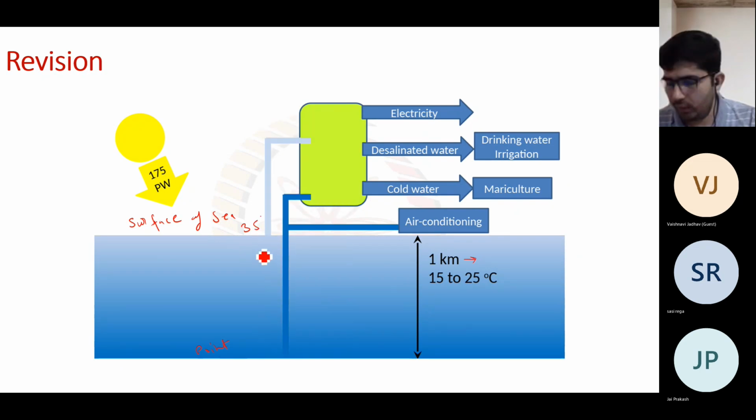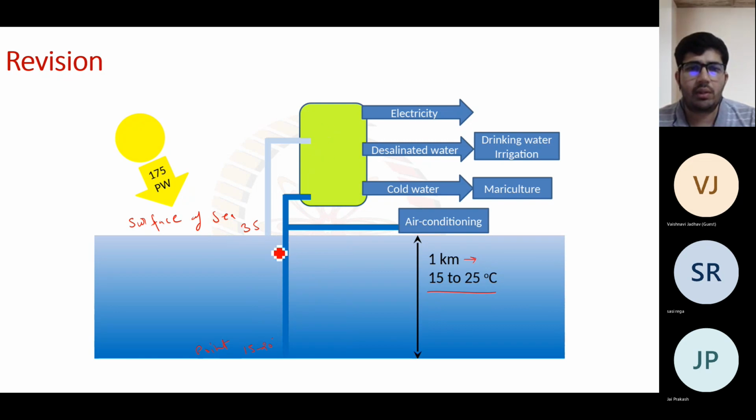Okay, and the lower part temperature is around 15 to 20 degrees centigrade. So there is basically a temperature difference of 15 to 25 degrees centigrade. Temperature difference is there. So by using this temperature difference, we can develop a system.